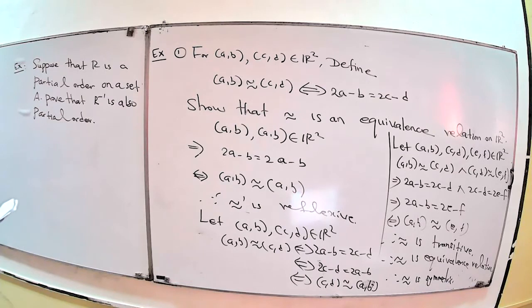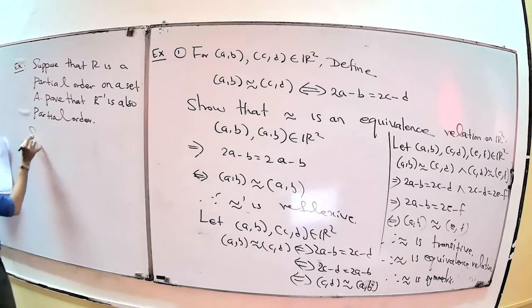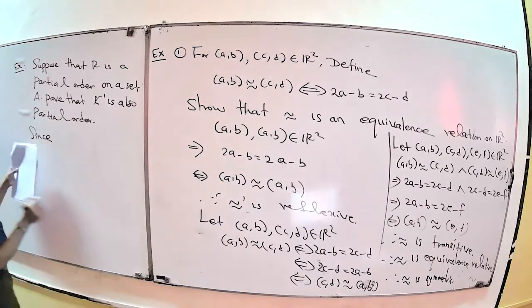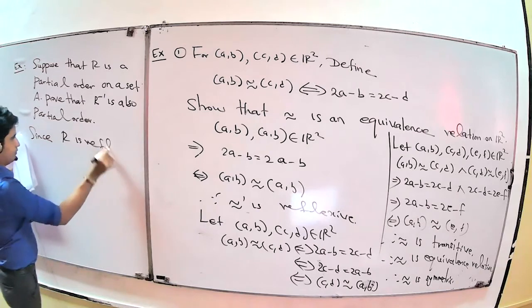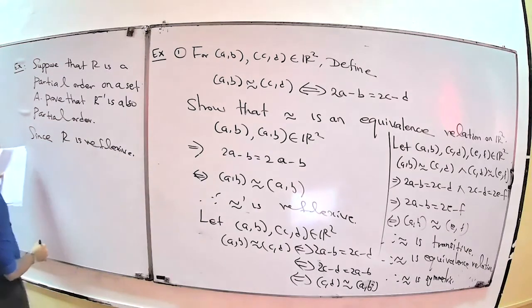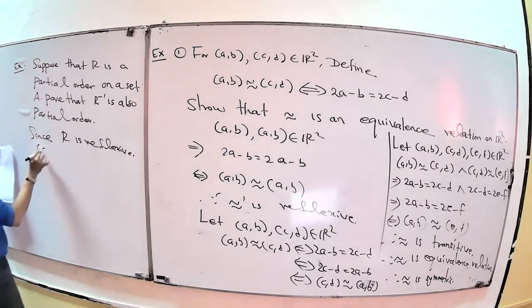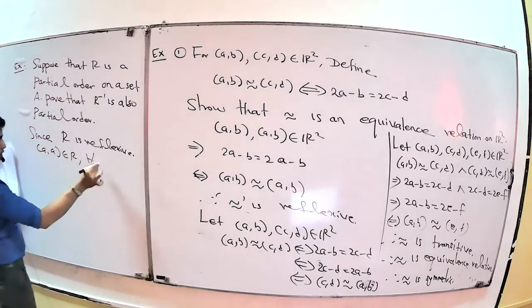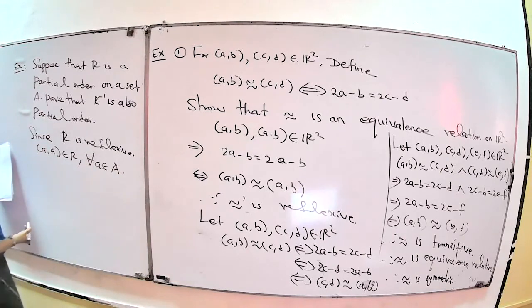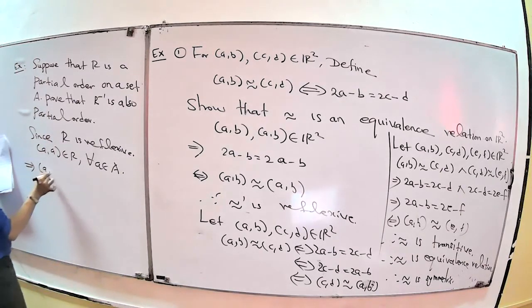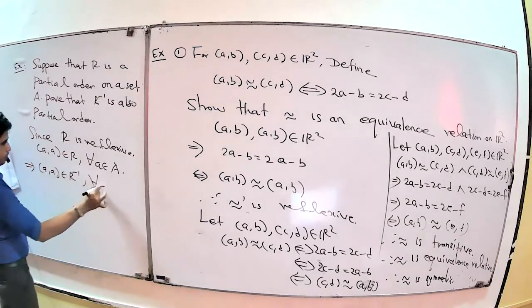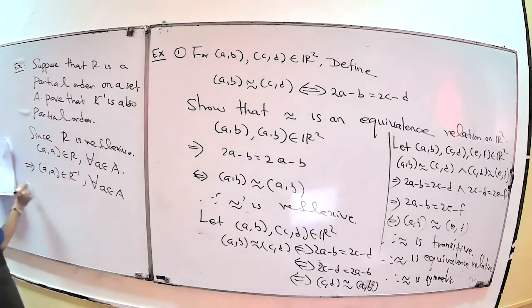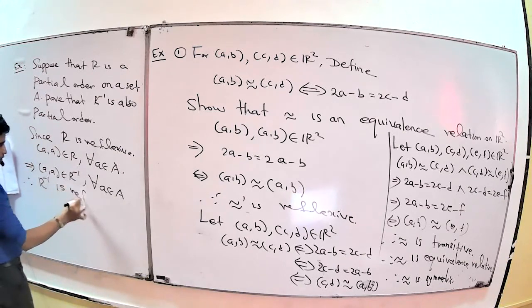Therefore, you want to check R inverse is reflexive, antisymmetric and transitive. Since R is a partial order, R is reflexive. R is reflexive means (a, a) belongs to R for all a belonging to set A. Therefore (a, a) belongs to R inverse also for all a belonging to A. Therefore, R inverse is also reflexive.